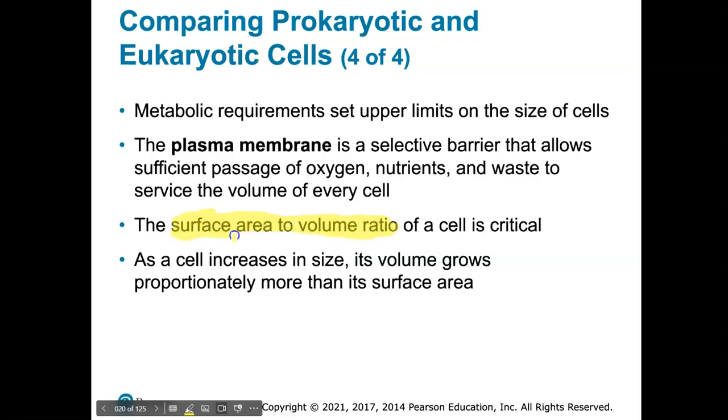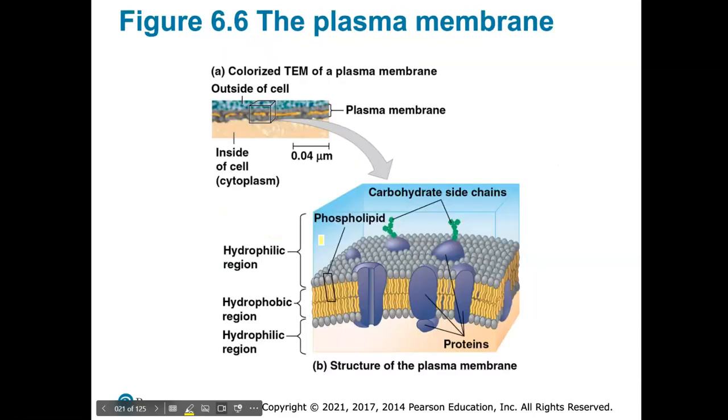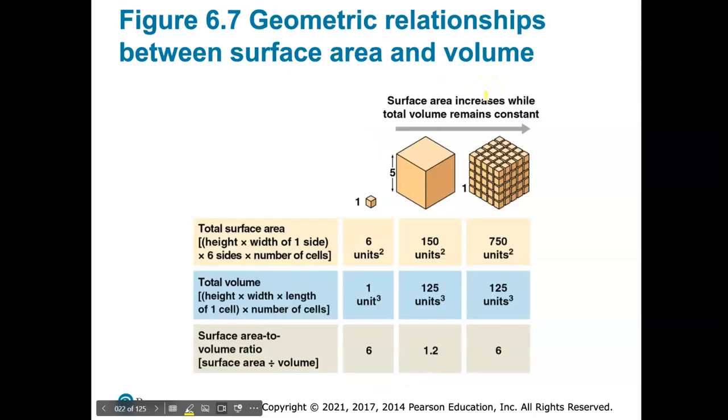It has to do with their surface area compared to their volume. The surface area of a cell is basically the amount of plasma membrane that covers that cell. So we need a large plasma membrane compared to the volume inside the cell. And you can only get that with small cells.